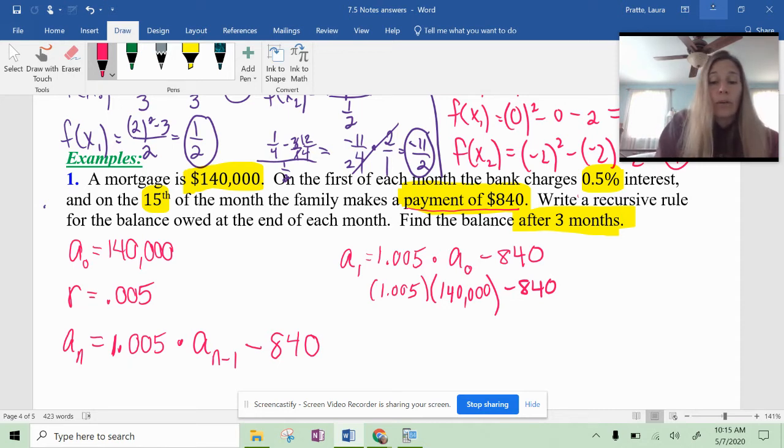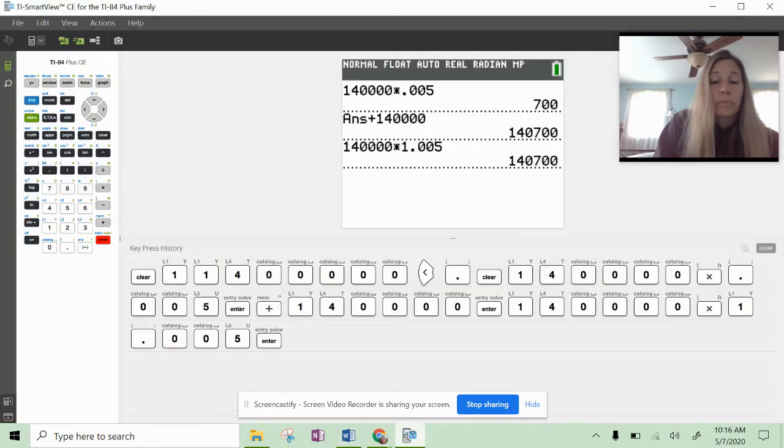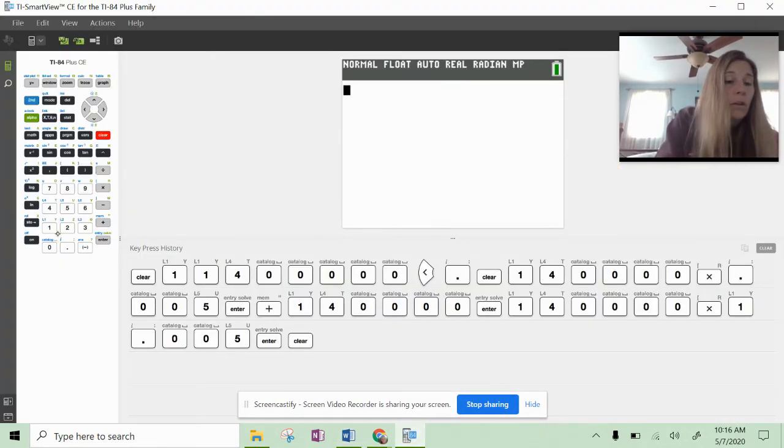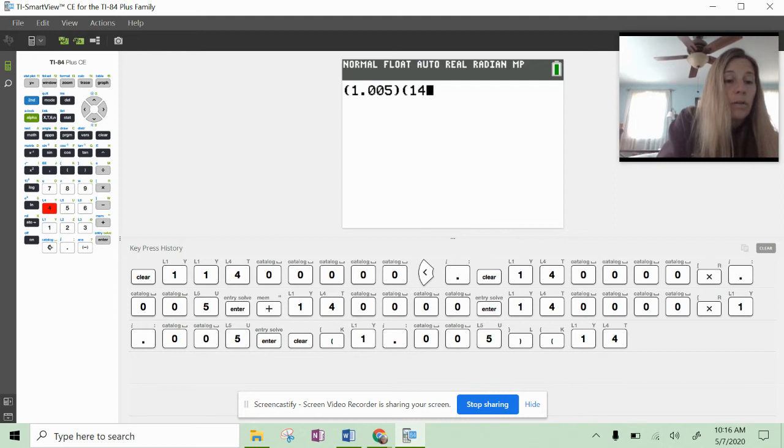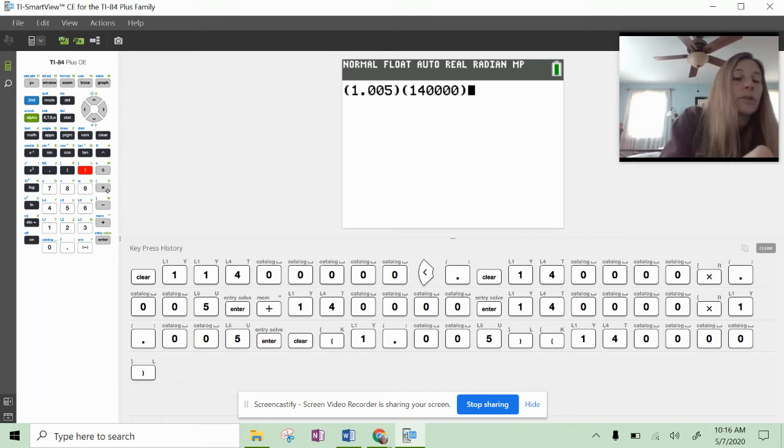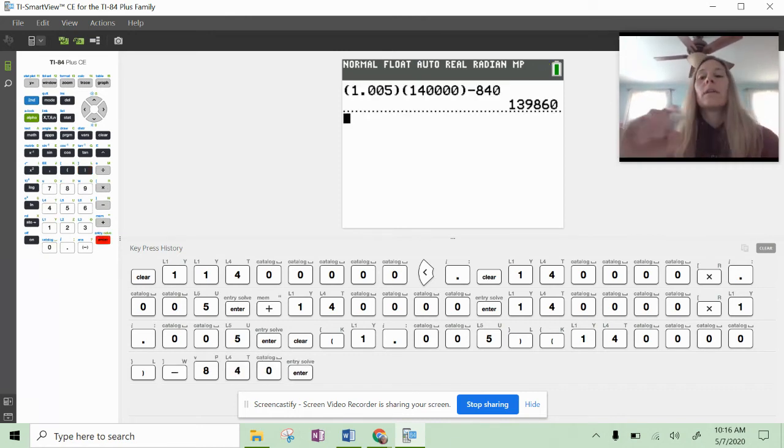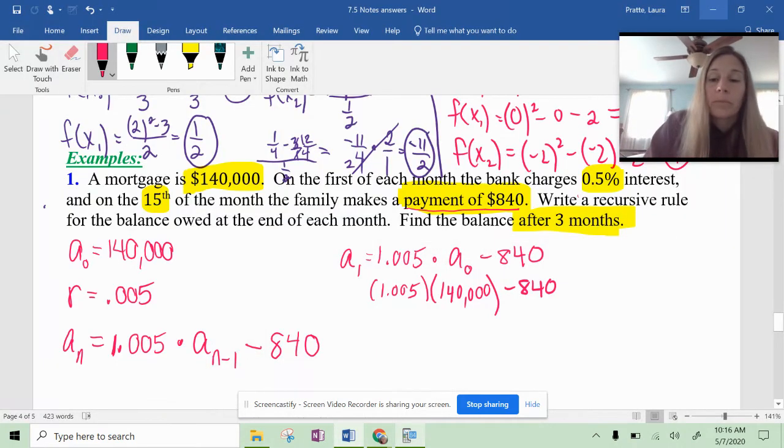That tells you how much you have left on your loan: 139,860. So that is the first iteration.